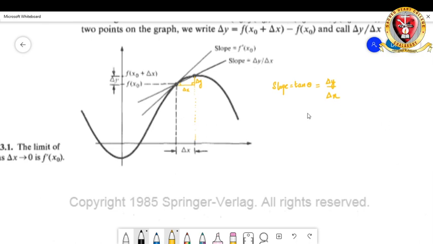So that means the line which is joining the two points will become closer and closer. Like this, and this is also coming closer. These two lines are coming closer together. That means this point will also become tending to this point, right?